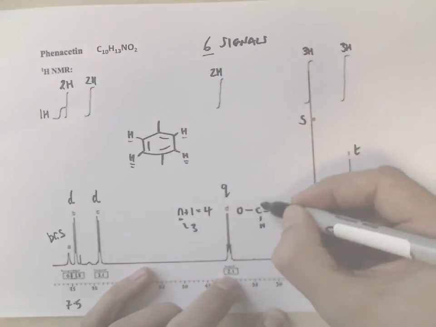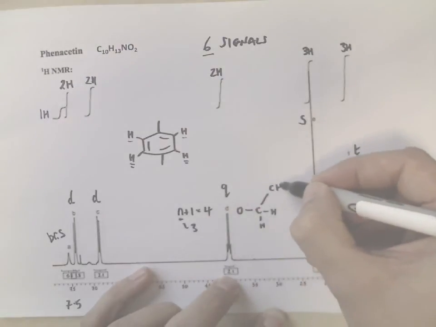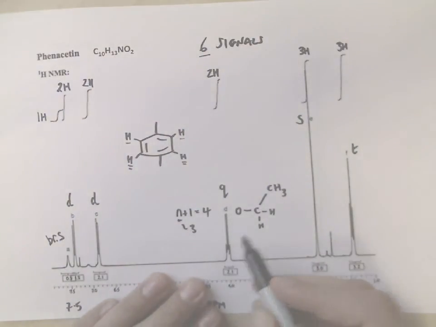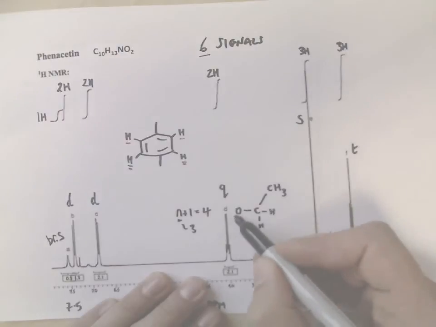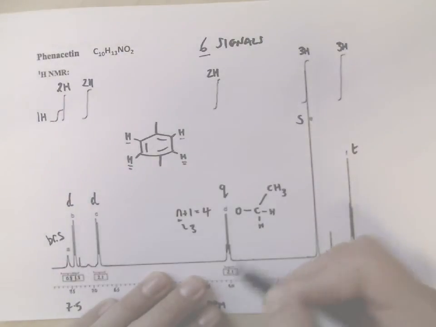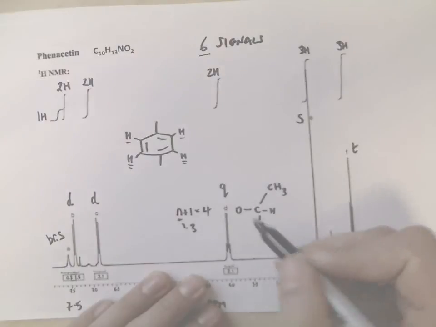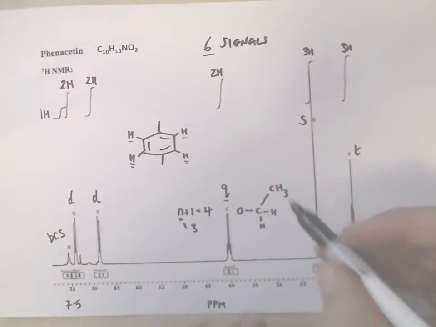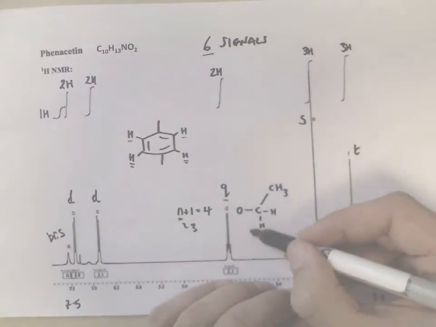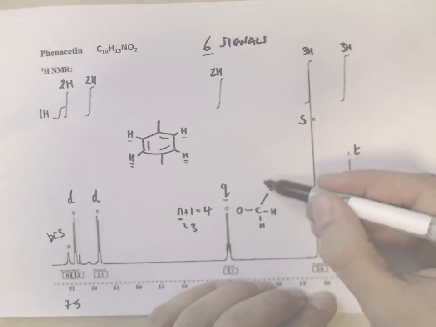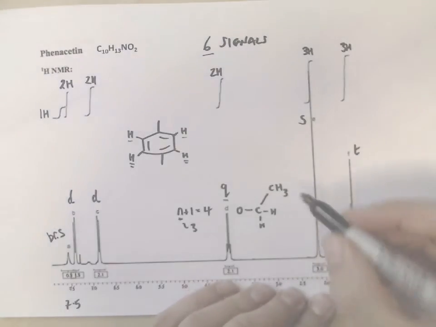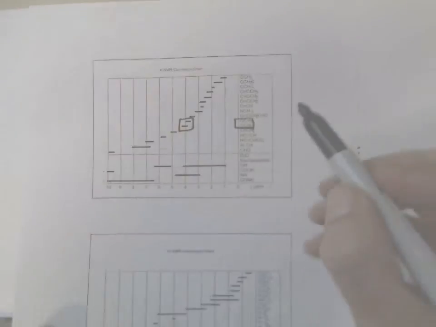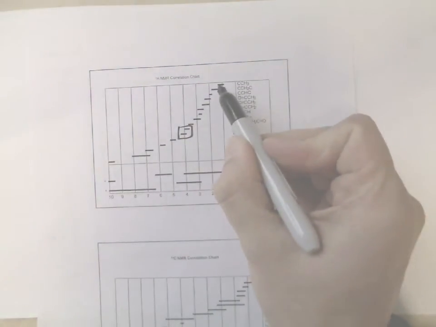So this must be attached to a group with 3 hydrogens on. So this group here, this quartet, is a CH2 attached directly to oxygen because it's at 4 ppm, and it's next to a methyl group because itself is split into a quartet. So if this fragment exists in the molecule, then we must also have a peak for the methyl group. So you'd expect to see something in the alkyl region, which is around 1 to 1.5.